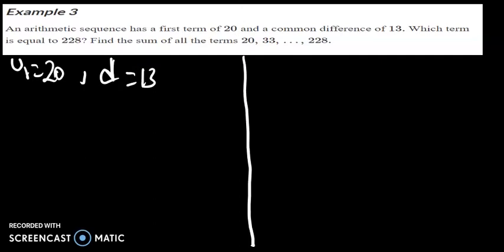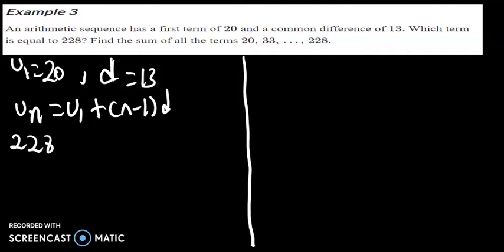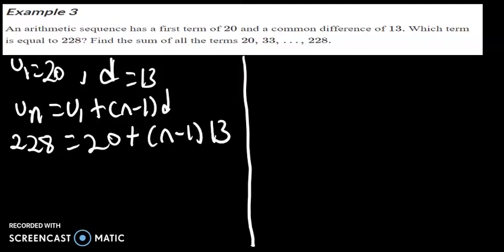To find this, we need to use the formula u1 plus (n minus 1)d. We know the un is 228, and the u1 is given to us as 20, plus, what we don't know is n, and that's what we're coming to find right now. d is 13 from here.